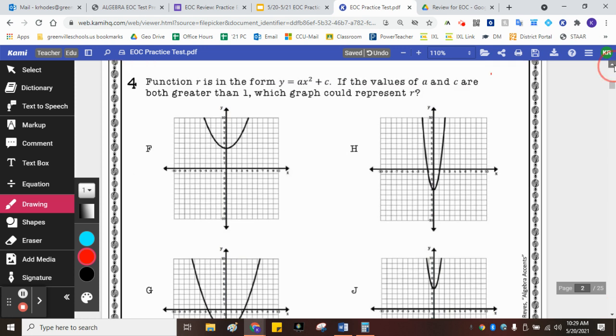Hey, we just reviewed this. Function R is in the form ax squared plus c, where a and c are both greater than 1. Which graph could represent R? A and c are greater than 1. What do you think?